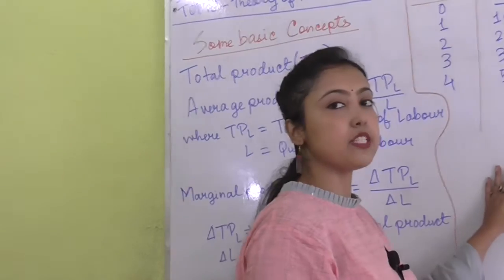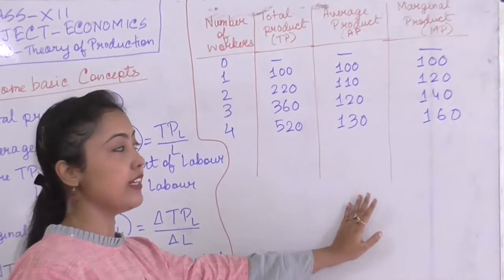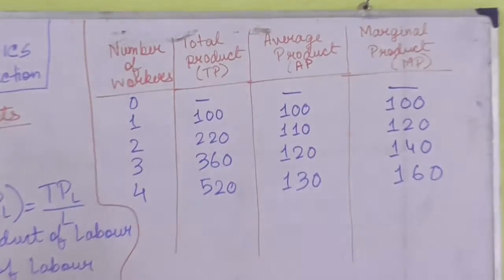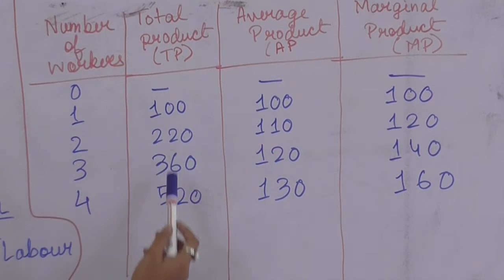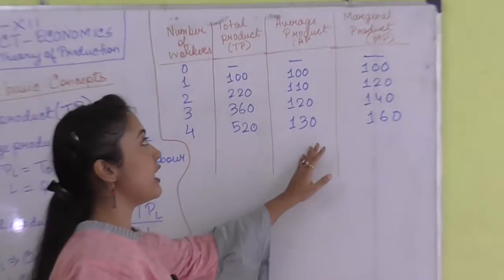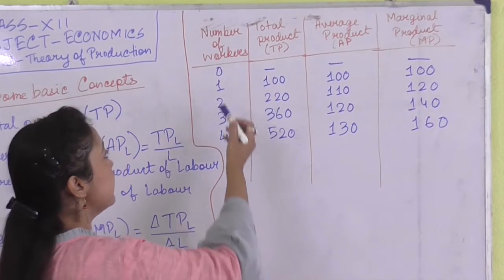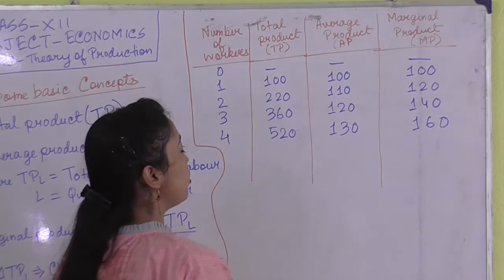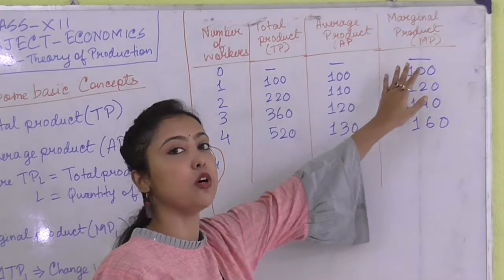Now, here one table has been provided in order to explain the concept of total product, average product and marginal product in a very clear way. Here the number of workers has been given. You can see that the number of workers is increasing, and the amount of total product has been given, and from there we have to derive the average product and marginal product. Now, I will show how to derive them. First, when the number of workers is 0, there is no total product, and if there is no total product, there will be no average product and no marginal product.